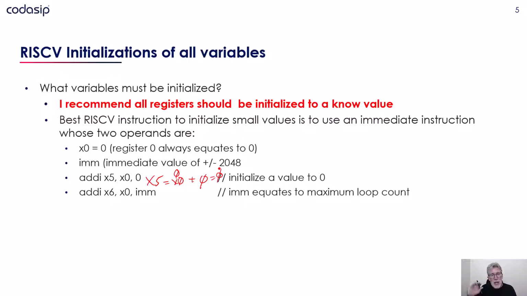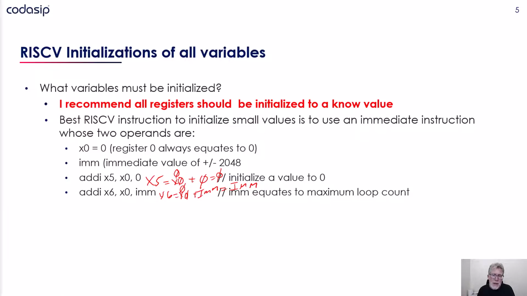So then you can just put whatever you want to initialize it as the immediate value. Now on x6, which is my max count of my loop operation, it'd be x6 equals x0, which is always 0, plus the immediate value of my max count. So x6 will be my immediate or my max count.